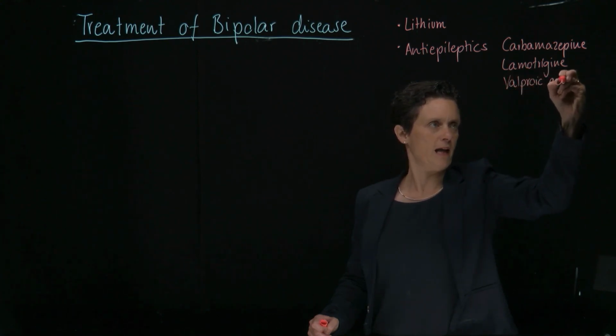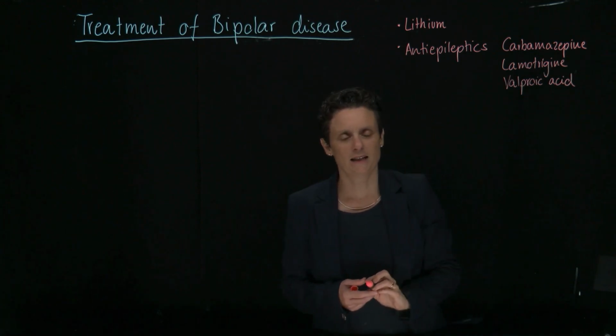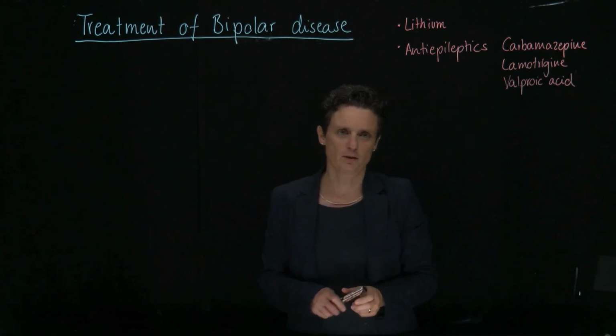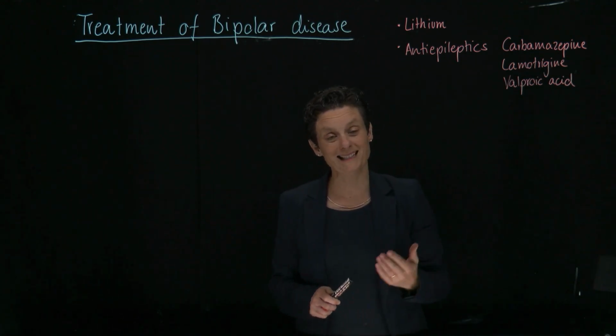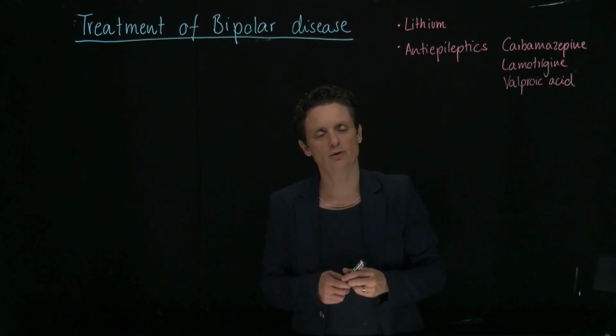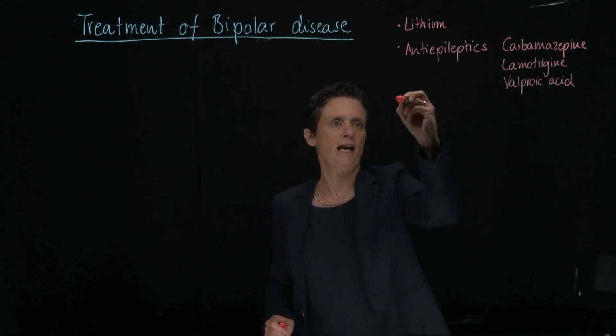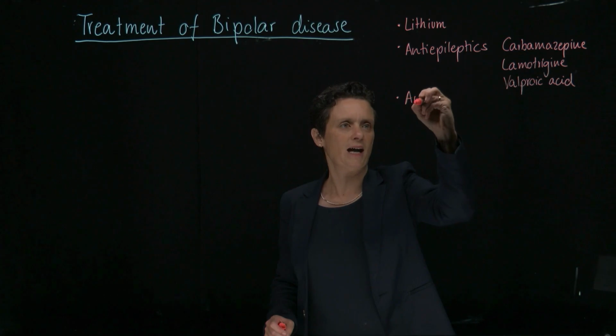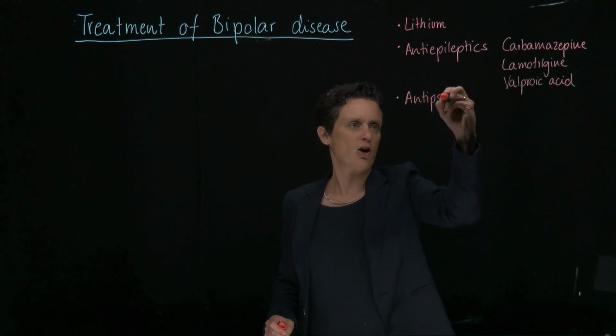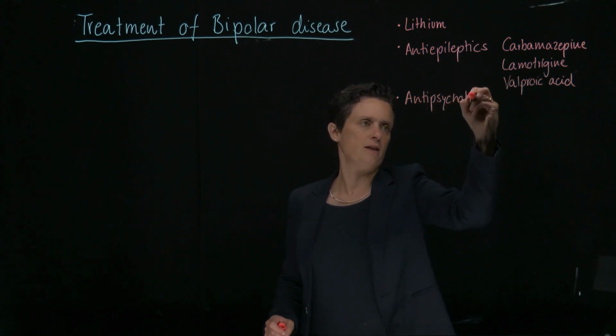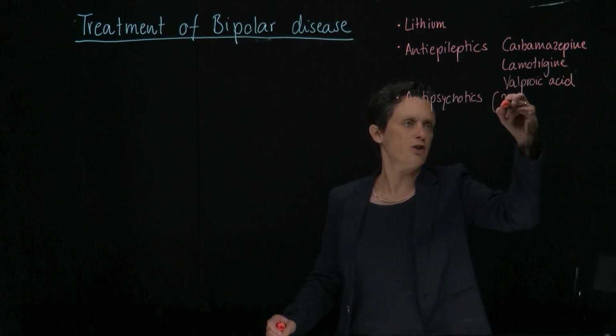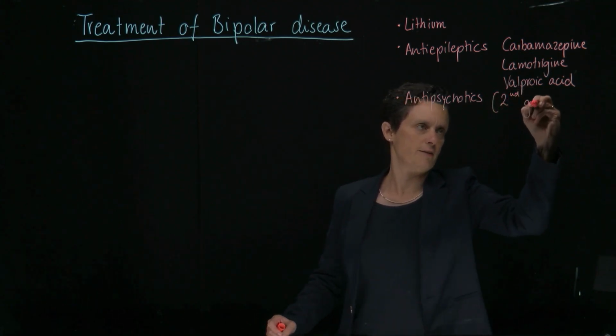These are the 3 anti-epileptics that are used for the treatment of bipolar disease. These are also called mood stabilizers. And then there are antipsychotics that you can use, and preferentially the 2nd generation.